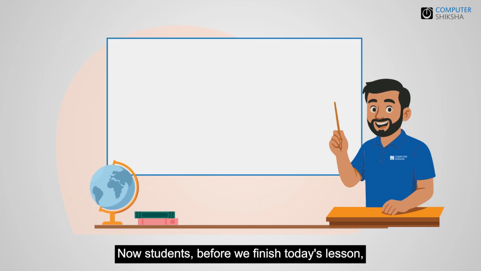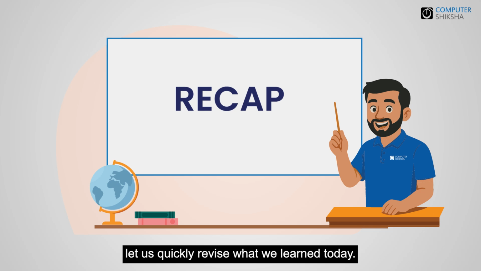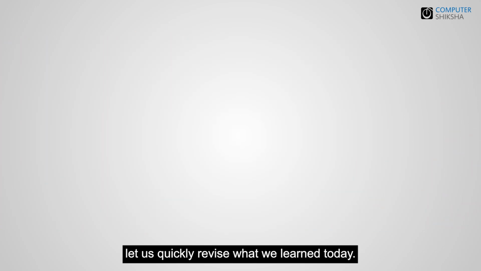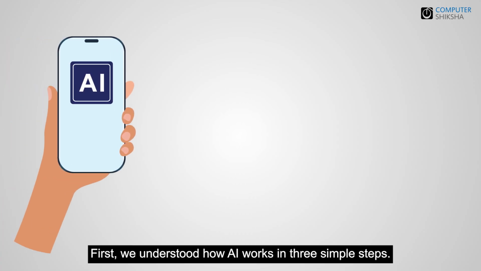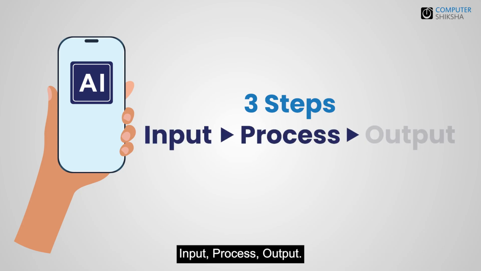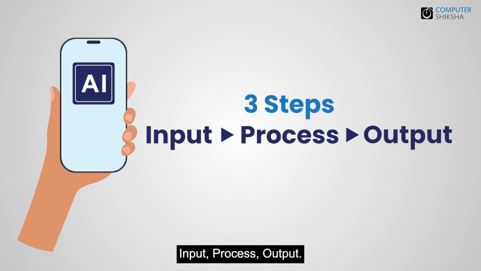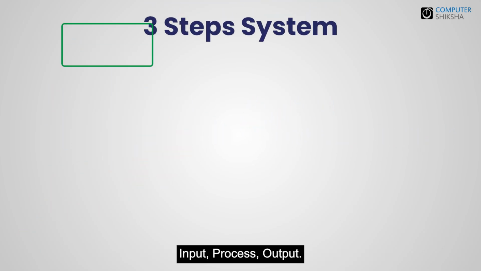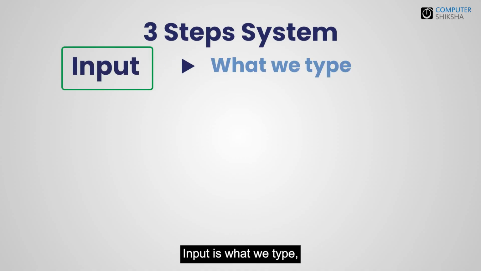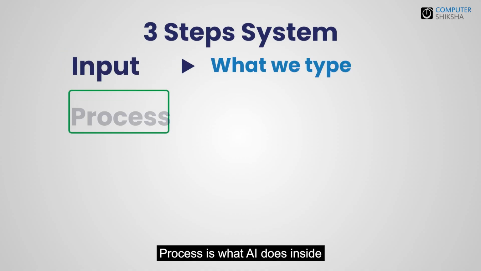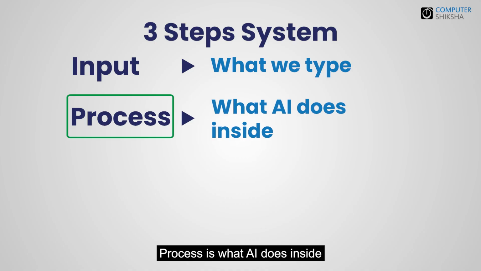Now students, before we finish today's lesson, let us quickly revise what we learned today. First, we understood how AI works in 3 simple steps: input, process, output. Input is what we type. Process is what AI does inside.